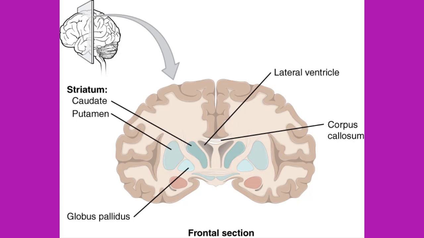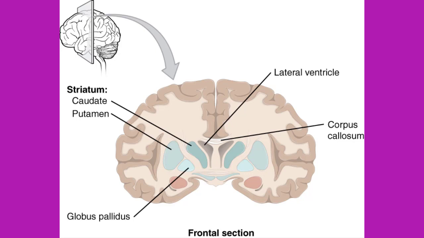The major structures of the basal nuclei that control movement are the caudate, putamen, and globus pallidus, and they're located deep in the cerebrum.